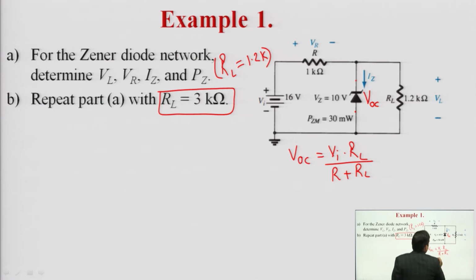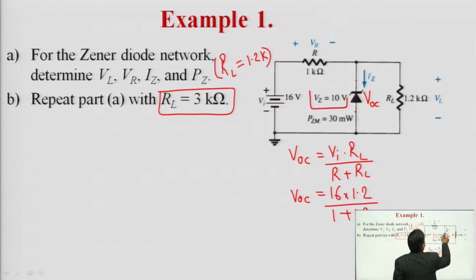So, VI is 16, RL is 1.2, and R plus RL is 1 plus 1.2. This is VOC, and it is given that the Zener voltage VZ is 10 volt.